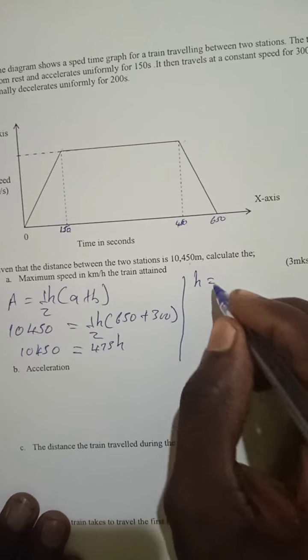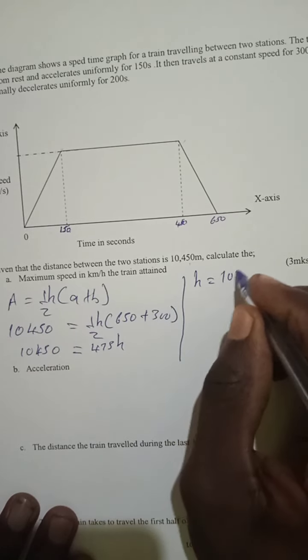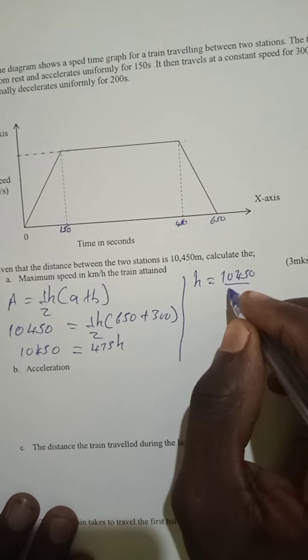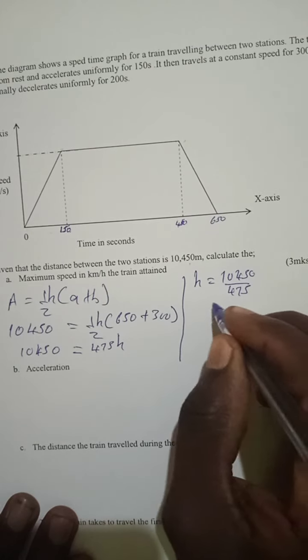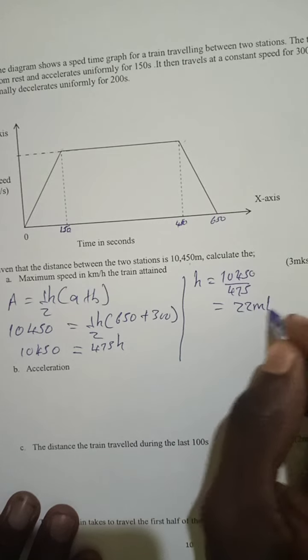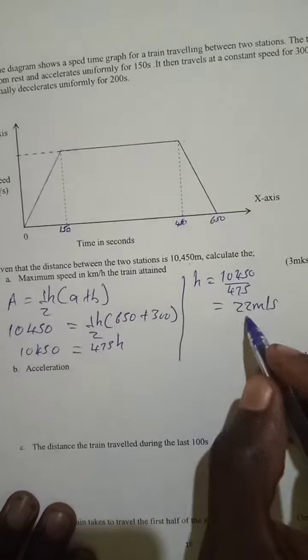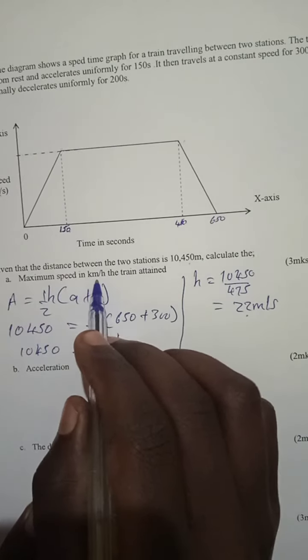Dividing both sides by 475, h equals 10,450 divided by 475, and that leaves us with 22 meters per second. But they want the answer in kilometers per hour.